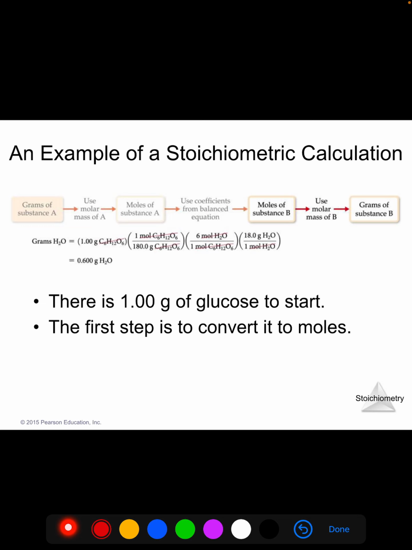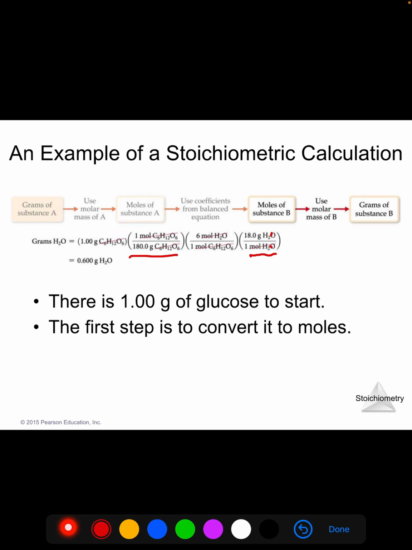So, I had 6 moles of water, and I know that 1 mole of water has a mass, or a molar mass, of 18 grams. 16 for the oxygen, 1 each for the hydrogens, or 18 grams of water per mole of water. And again, here and here, I'm multiplying by 1. 18 grams of water and 1 mole of water are the same value.